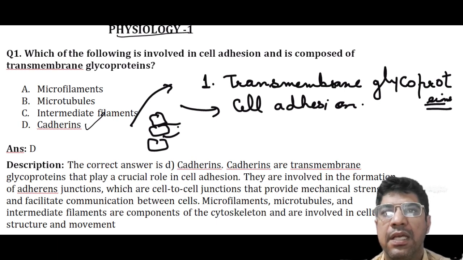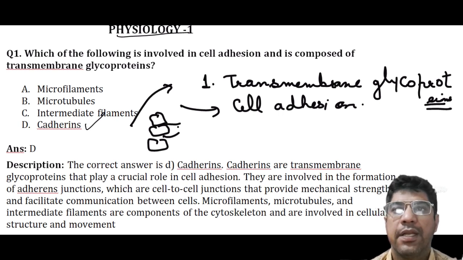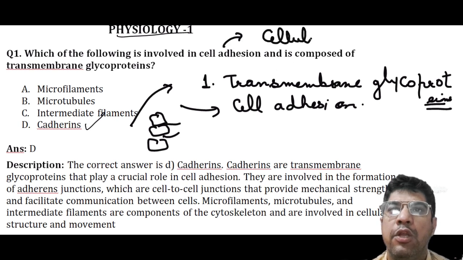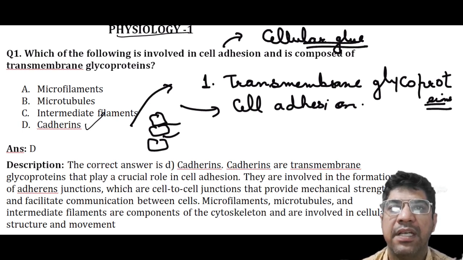Similarly, in your skin, these cadherins help skin cells stick tightly to each other so that your skin does not fall apart. So cadherins are basically the cellular glue that ensures our body cells stick together and work as a team.